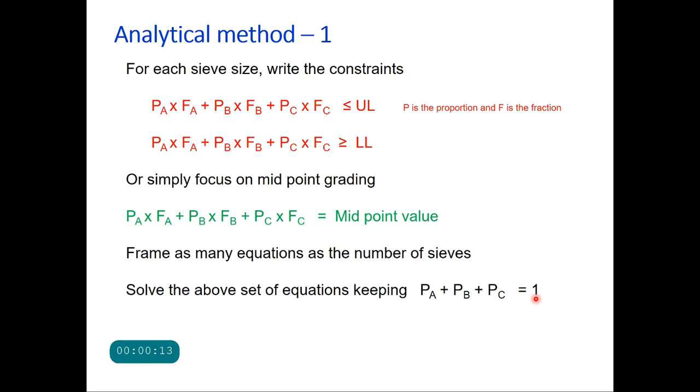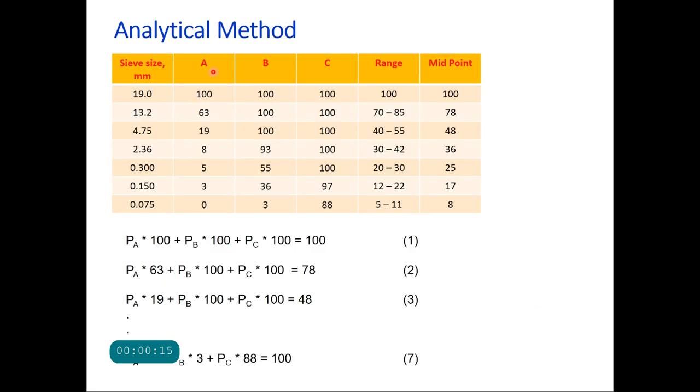If you take the same example where you have three aggregates A, B, C, and our range of desired grading is this, and the midpoint is given in this column, we can make equations like this: if PA, PB, PC are the final proportions of A, B, and C, then PA multiplied by this plus PB multiplied by this plus PC multiplied by this should be equal to this.